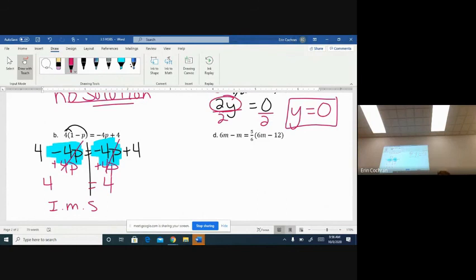All right, and then D. What would be my first step in D? Distribute. Now, distributing this one's a little bit more challenging, right? Because you're multiplying, we can either divide first, then multiply, or we can multiply, then divide, okay? Because it's that fraction, right? Do you guys want to multiply first or divide first? Divide, okay. 6 divided by 6 is 1. 1 times the numerator, so 1 times 5 is 5, so 5m.